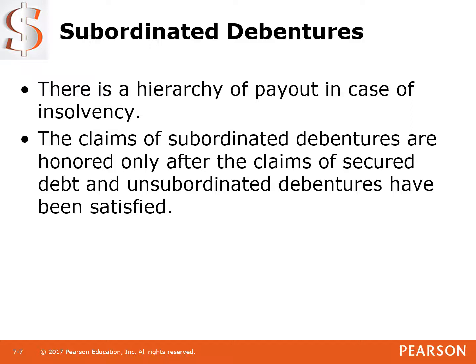Okay, so subordinated debentures. There's a hierarchy of payout in case of insolvency. If the company sells more than one bond that's a debenture, then they may be stacked. This debenture gets paid out first in bankruptcy, then this one, then that one, then that one. So the claims of subordinated debentures are honored only after the claims of secured debt and unsubordinated debentures have been satisfied.